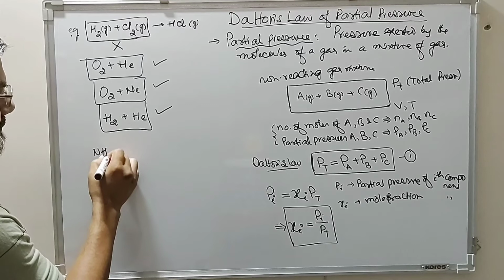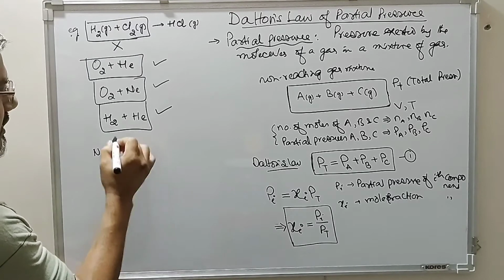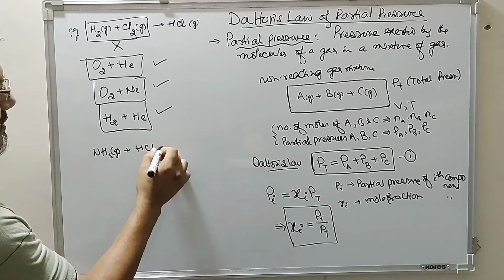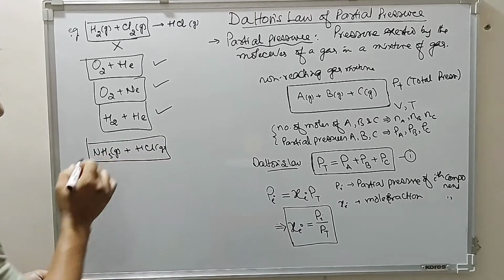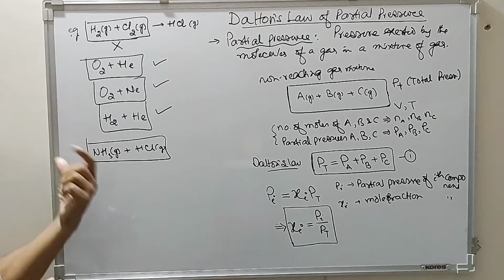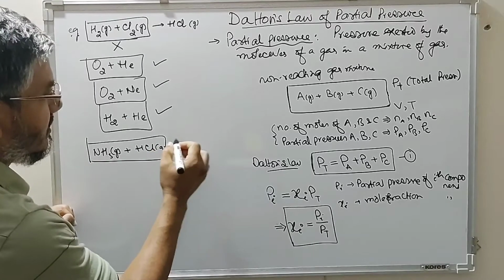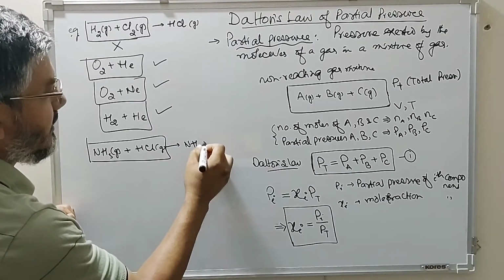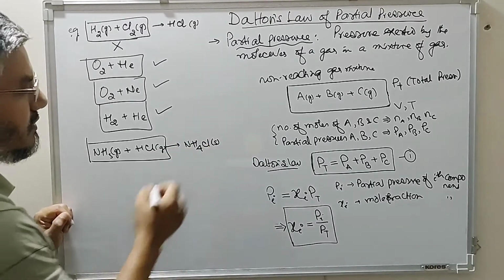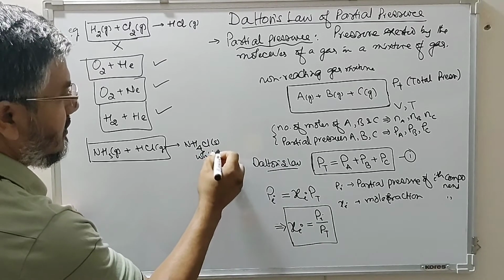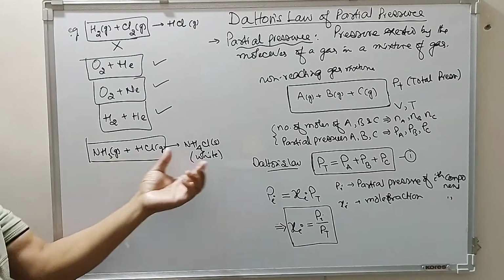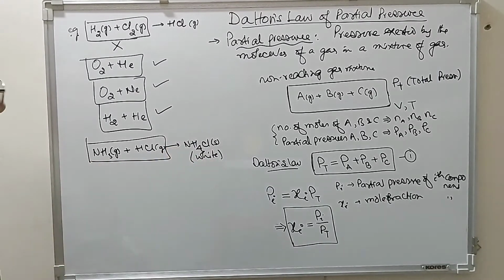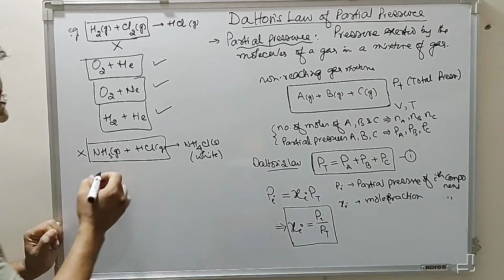Take this, ammonia gas and HCl gas. So we have a mixture of ammonia gas and HCl gas. Whenever ammonia gas comes in contact with HCl, it immediately combines to give you ammonium chloride, which is a white colored solid. Though we have a mixture of ammonia gas and HCl, immediately it reacts to give you ammonium chloride, which is a white colored solid. So Dalton's law will not be applicable to this mixture.